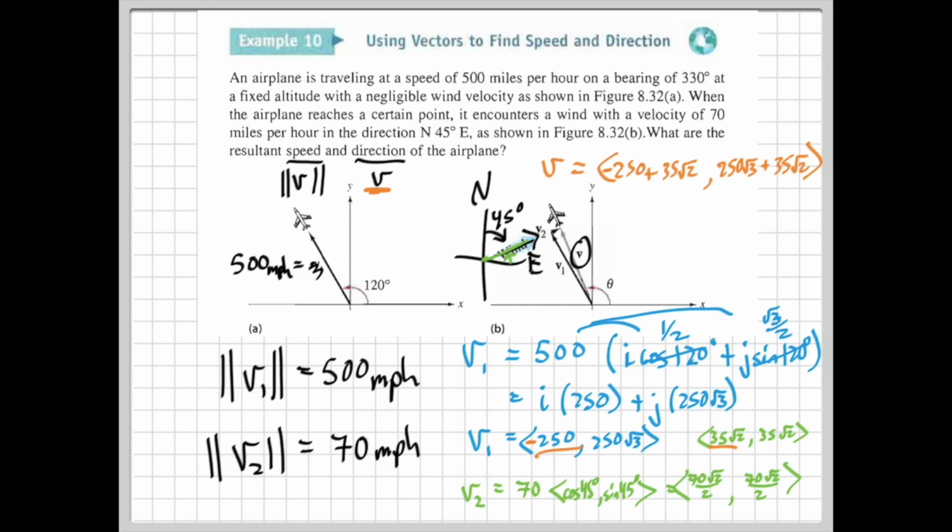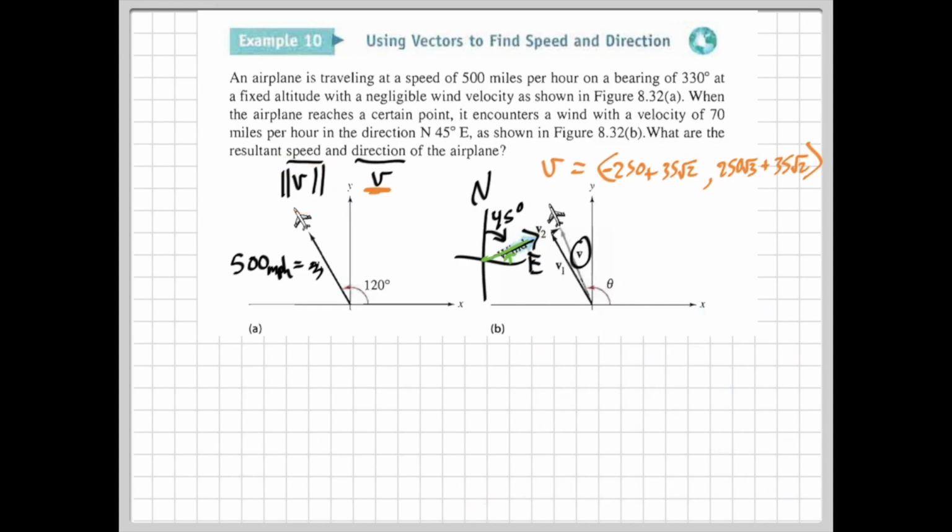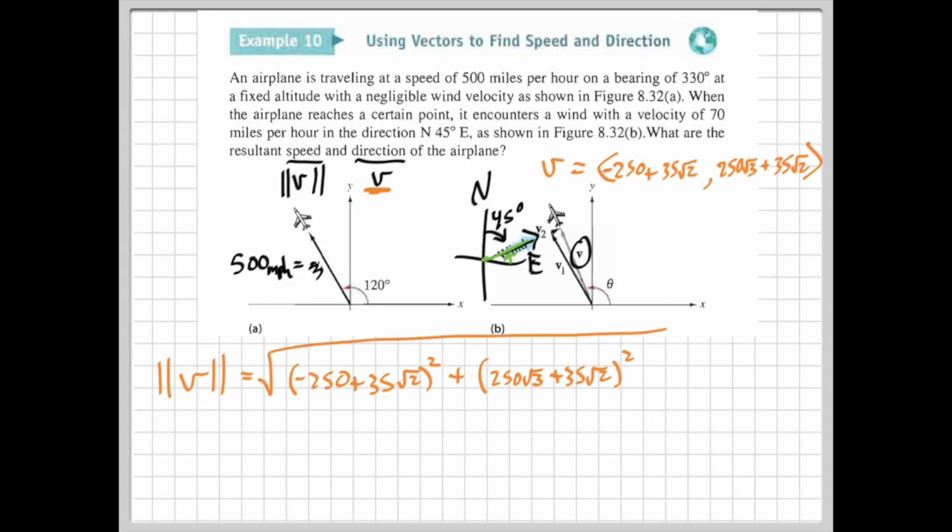Now let's find the speed. So we have to find the magnitude of this v. To find this magnitude, I'm going to take each of those and square it. So I'm going to take negative 250 plus 35 rad 2, square that, add it to, I'm sorry, 250 rad 3 plus 35 rad 2, squared, and then we're going to square root this, and this will give me my speed.